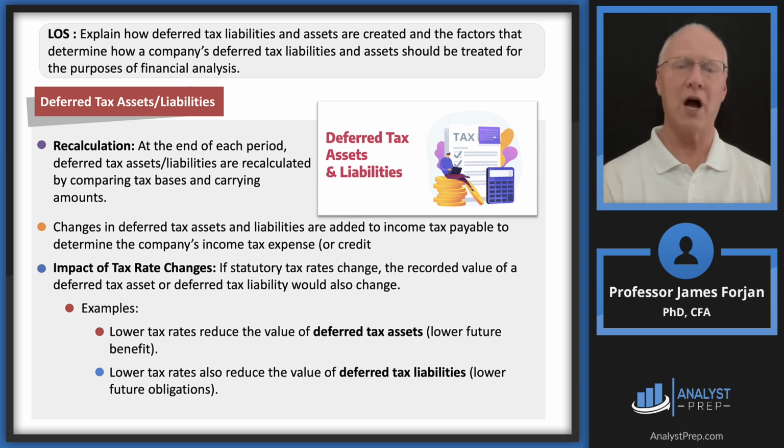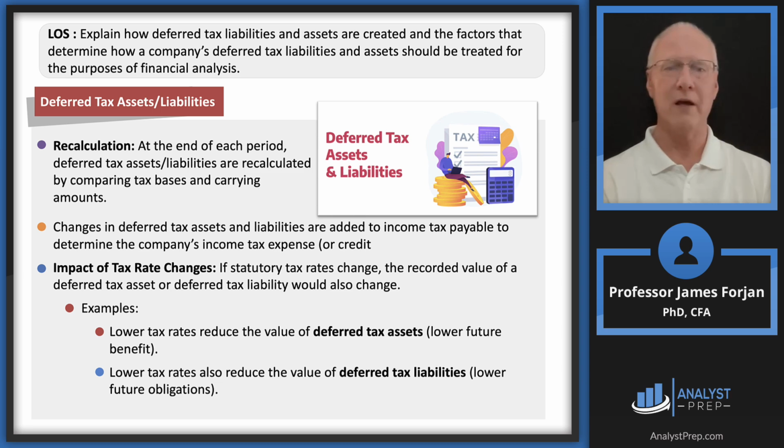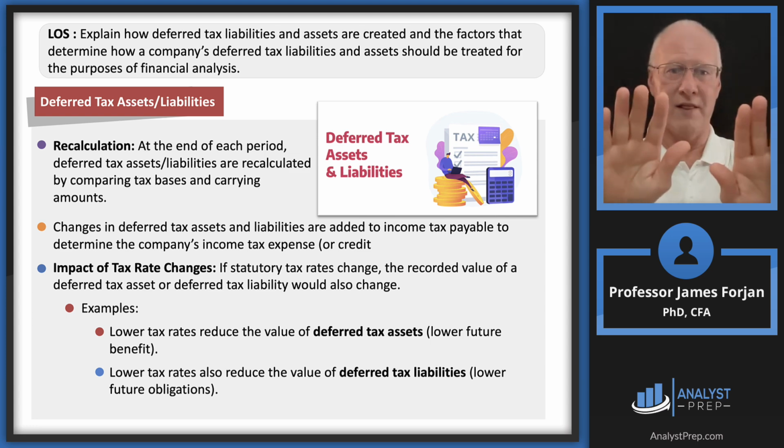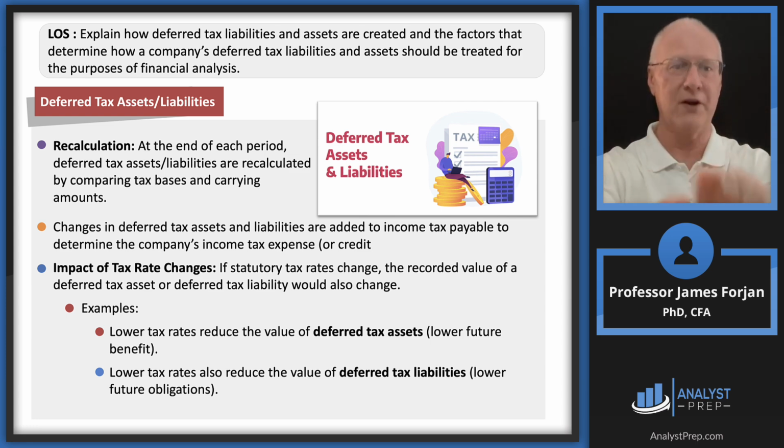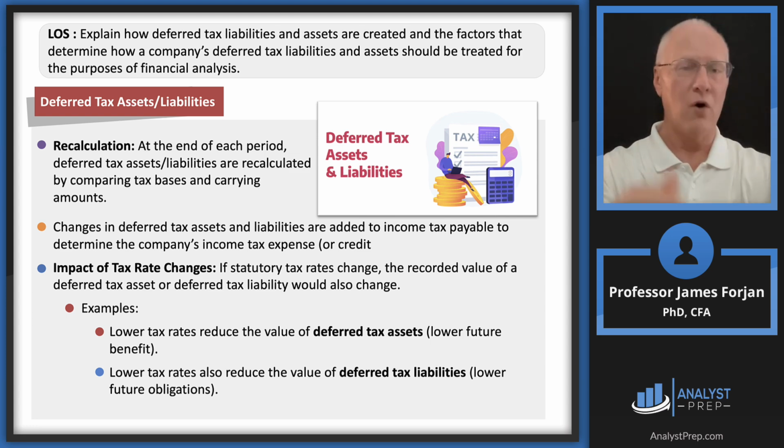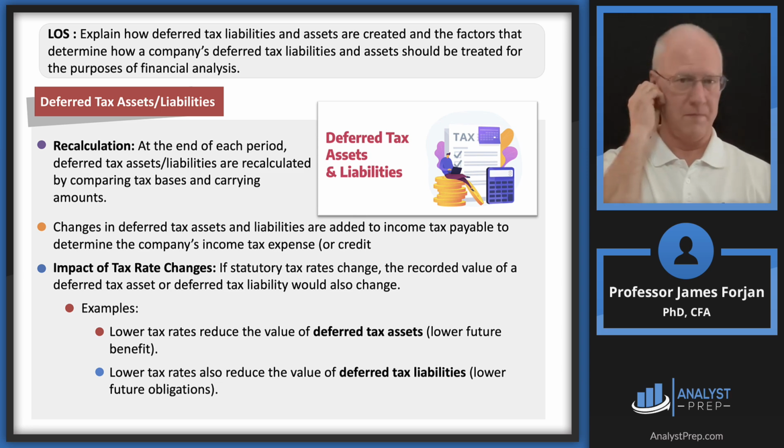Now, what happens over time if we create this deferred tax asset or deferred tax liability is that we need to check on it and see how it's doing. We thought that the tax base was this number and the carrying amount was this number, and so we created this deferred tax asset or liability. After some time, did those differences materialize? Did they continue, or was there some change?